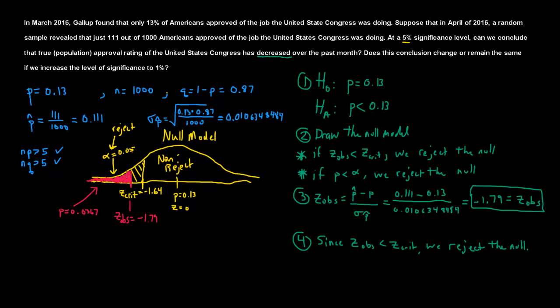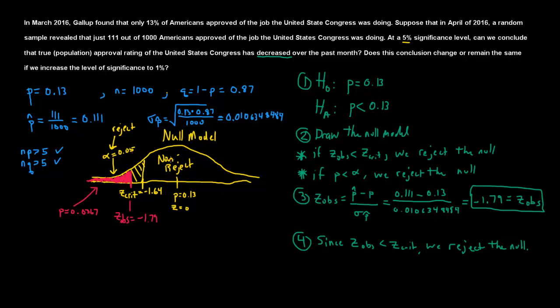Again, what is that? That's the probability of having a z observed of negative 1.79 or less, which is a more extreme value than negative 1.79. So it's the probability of getting this value or a more extreme value if the null hypothesis is true. So P is 0.0367. Well, what do you notice about P? P is 0.0367 and alpha is 5%, so 0.05.